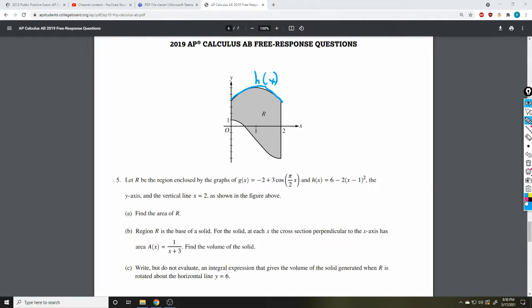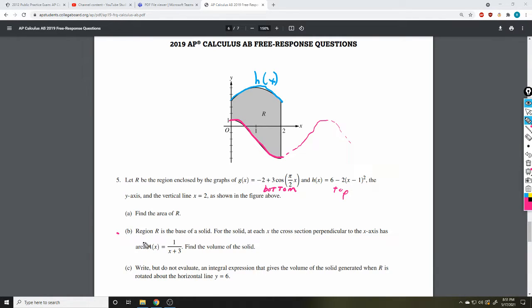And then this bottom curve is the one that looks like a cosine wave. It would go on to look like that. So this is my top curve, this is my bottom curve. So when we do part A, this minus this will be your integral there.